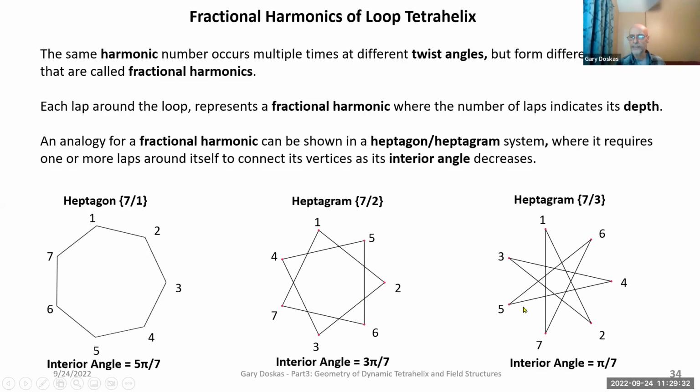The interior angle gets decreased further to create the 7/3 version of the heptagram. And this is where every third vertex is connected, and it takes 3 laps around the perimeter to make those connections. So we see analogies to this in other geometric shapes.